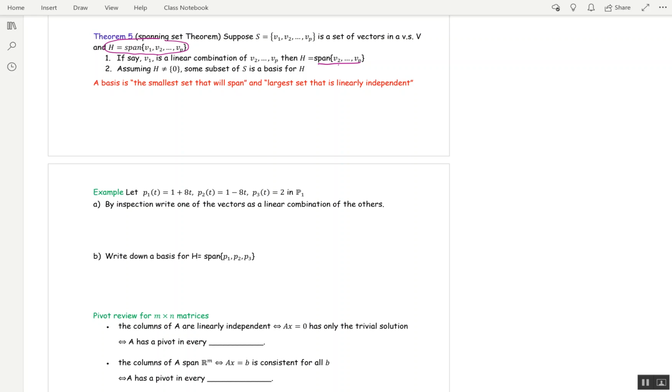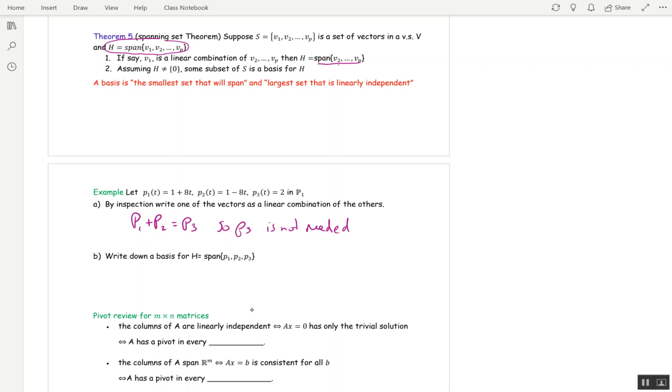Well, if I add p1 to p2, looks like I'll get p3, because 1 plus 1 is 2, and 8t plus negative 8t is 0, so that's true. So p3 is not needed in terms of spanning the set.